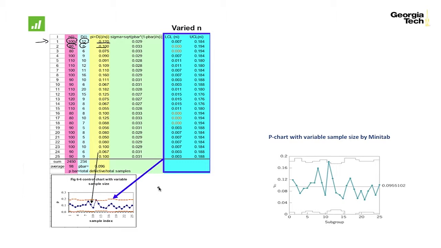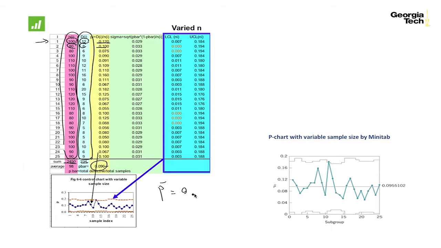But first of all, I need to find p bar, which is the summation of all defective items, or DI, divided by the summation of all inspected parts. So it's 234 divided by 2450, and in this case it is 0.096.